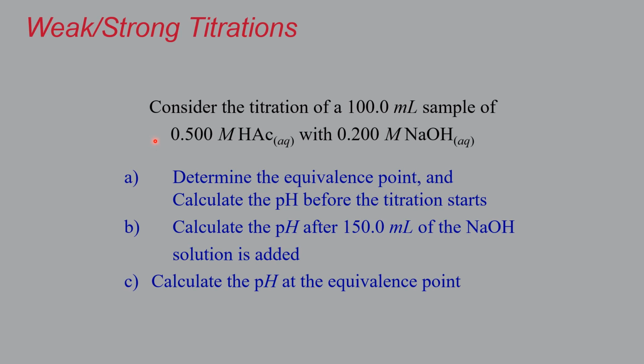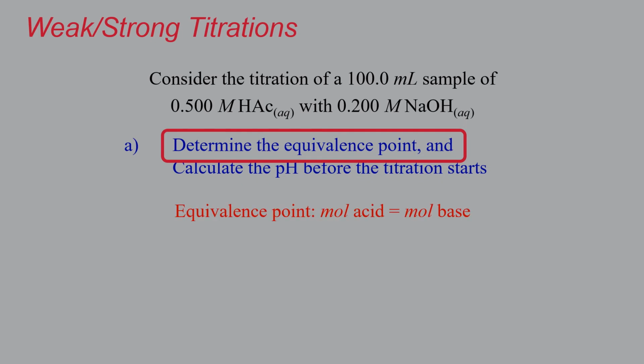So the first thing is a review of stoichiometry. Let's figure out what the equivalence point is, and then calculate the pH before we start. Just to review, the definition of equivalence point is the point at which the amount of acid that we had present in our flask is equal to the amount of base that we have added.